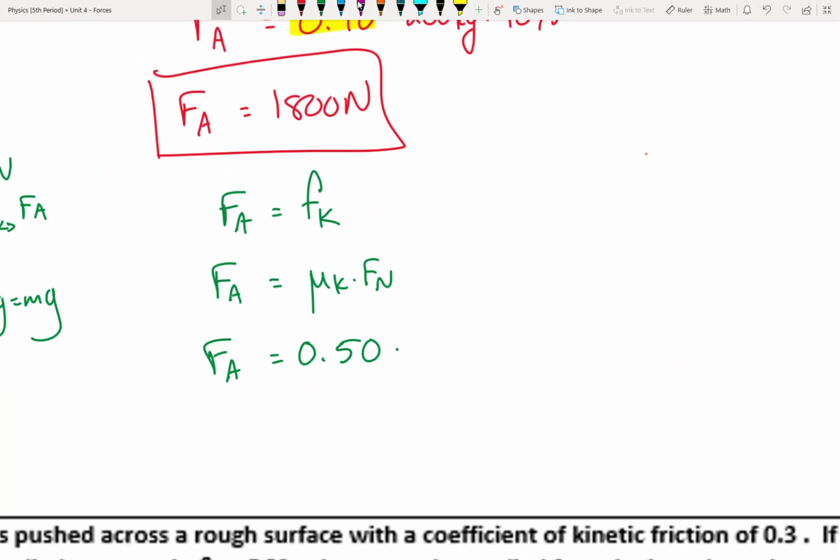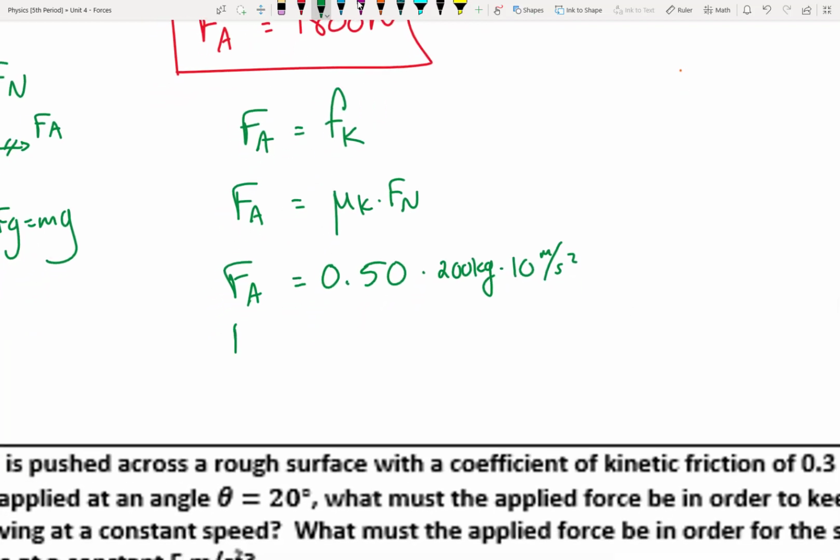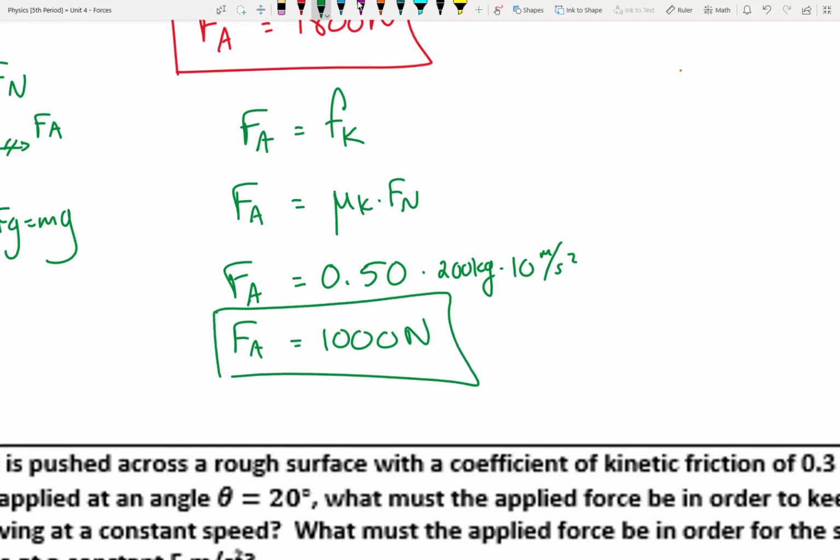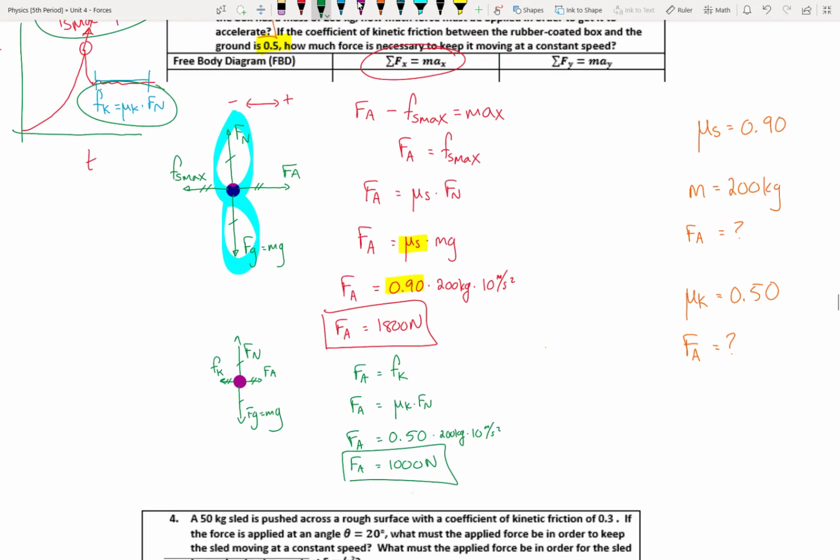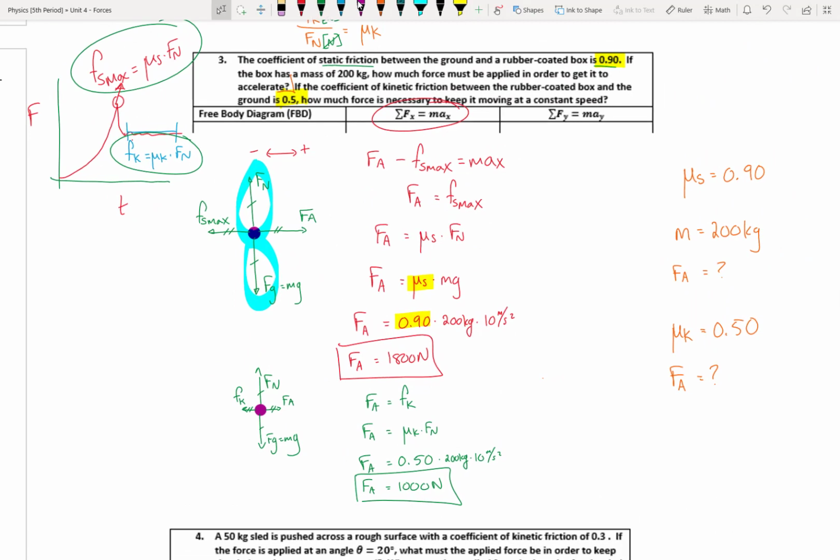Normal force is still mg, so I've got 200 kilograms times 10 meters per second squared, because normal force equals Fg. And so I get half of 2,000, or 1,000 newtons. And that's the force required to keep it moving at a constant speed, compared to the force in red, the force required to break it loose, to get it going.